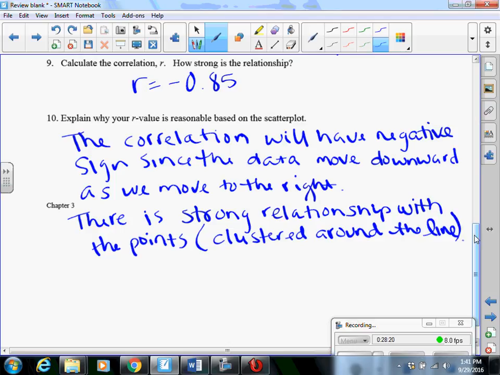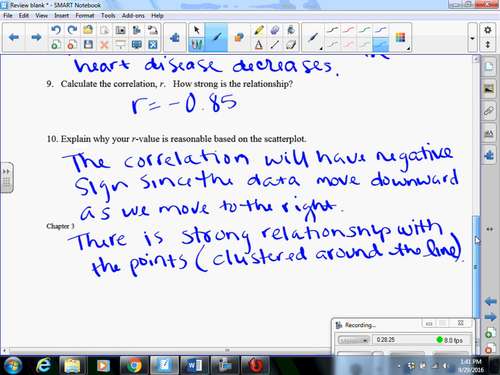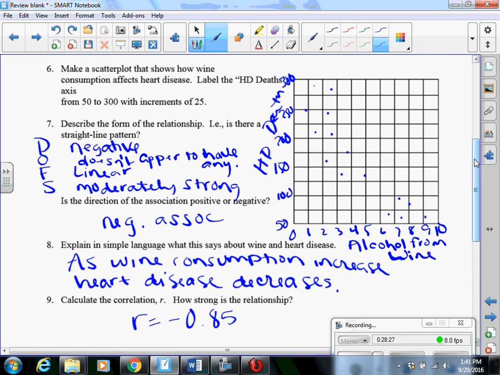So we should be good with that. So we knew it was going to be tight around the line, and we know it's negative, so that's going to be why it's so high.